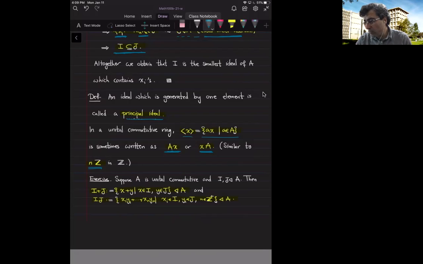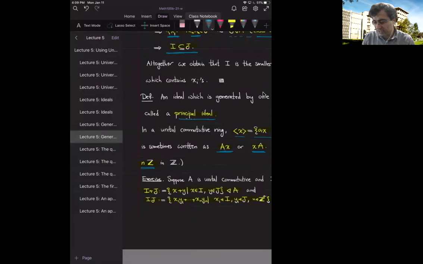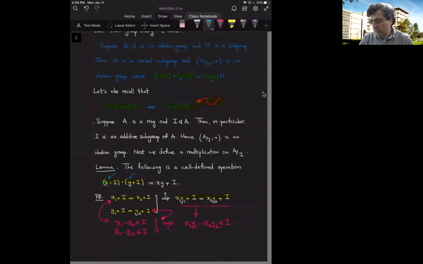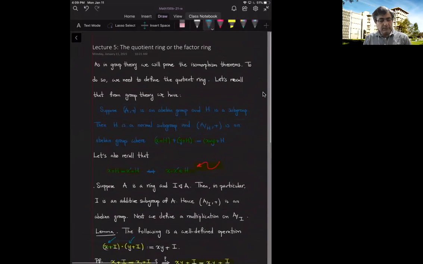Okay, so let's go back to the characterization of ideals. What do I mean by that? Kernels, I meant. We started the discussion and definition of ideals by saying that we want to characterize kernels.